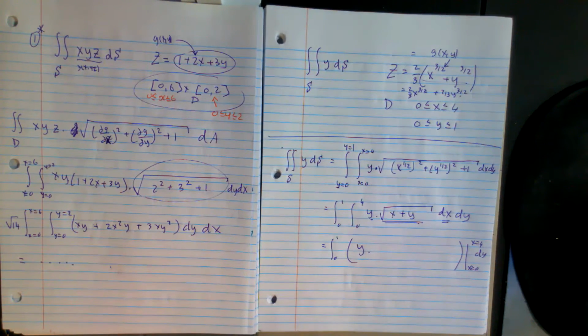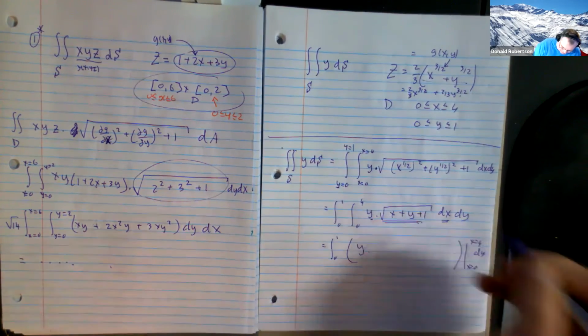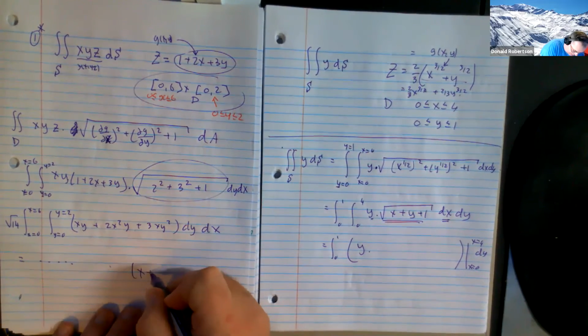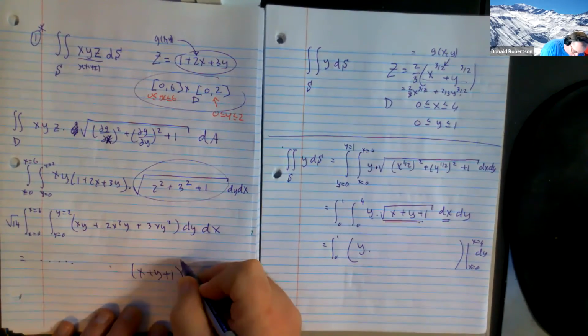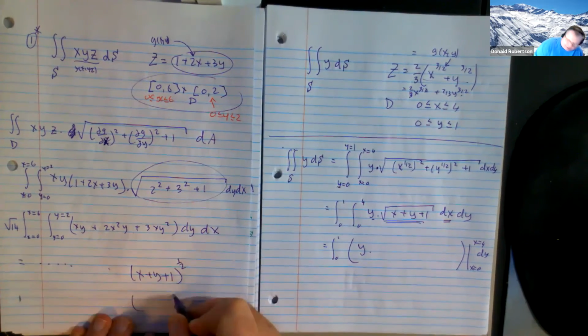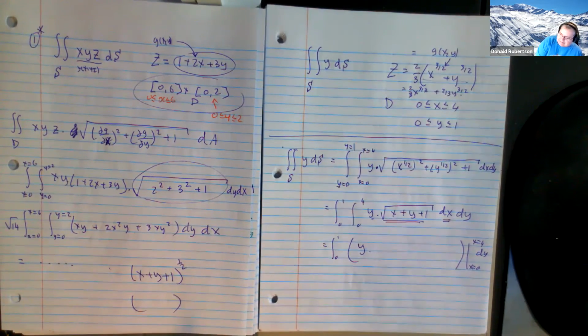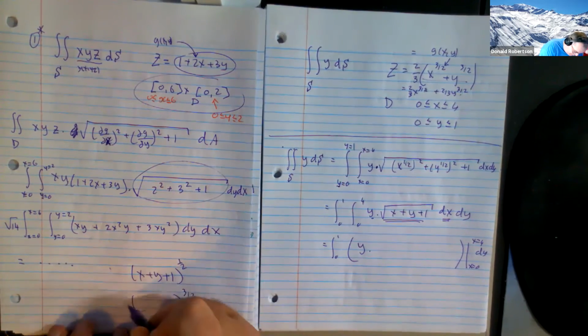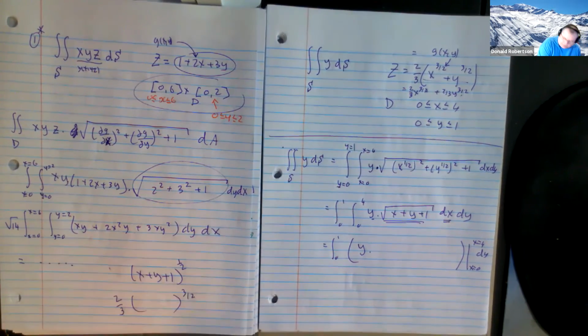Mr. Robertson, you did get plus 1. Oh, thank you. I need to figure out what this is, integral with respect to x. Okay. If I call it x plus y plus 1 to the half, can you see where I'm leading, this is in fact a basic power rule, really. So when you add 1 to the power, divide by the new power.